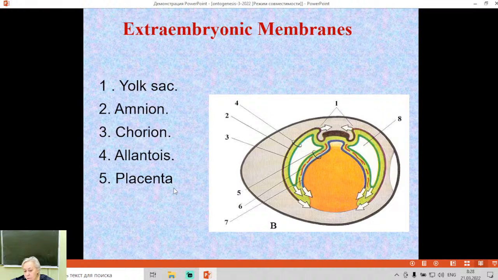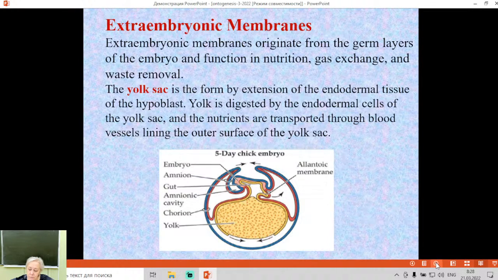Placenta is only for mammals. Extraembryonic membranes originate from the germ layers of the embryo and function in nutrition, gas exchange, and waste removal.